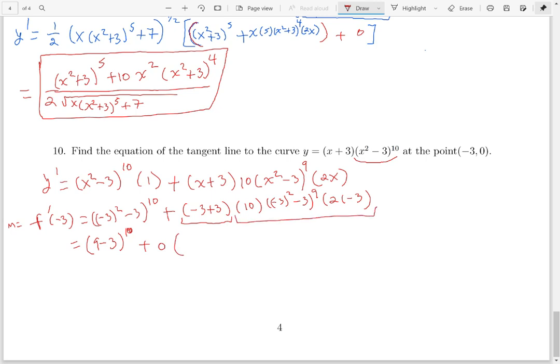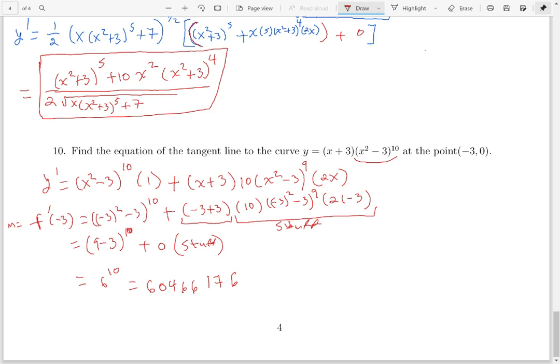Whatever that stuff is, it doesn't matter because it's times 0. And so if we call that our stuff, 0 times anything is 0, and so that part goes away. Then I've got 9 minus 3, which is really 6 raised to the 10th power. And I get that 6 raised to the 10th power is 60,466,176. And so therefore that's my slope.